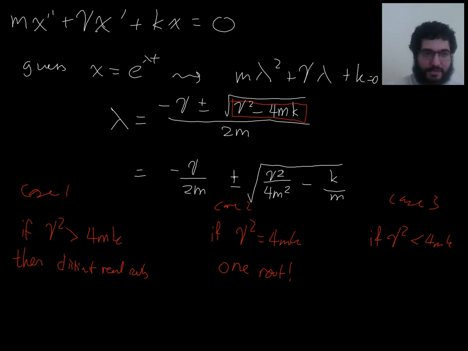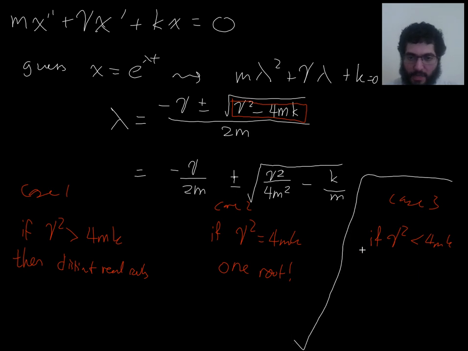So let's write that out more carefully. In case 3, this is if gamma squared is less than 4mk. Yeah, I don't know if I like this way of writing it.